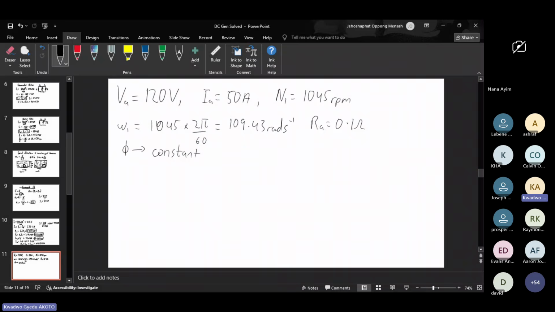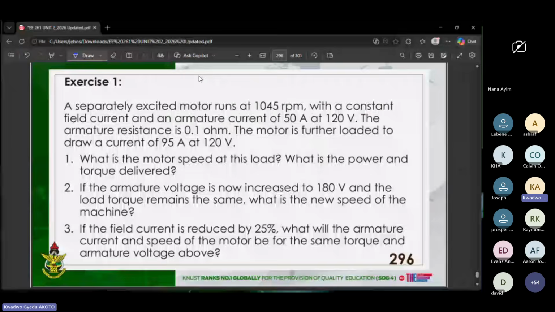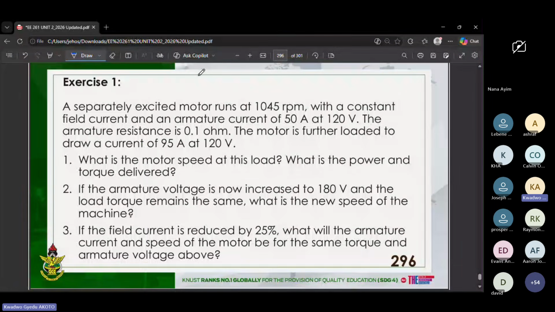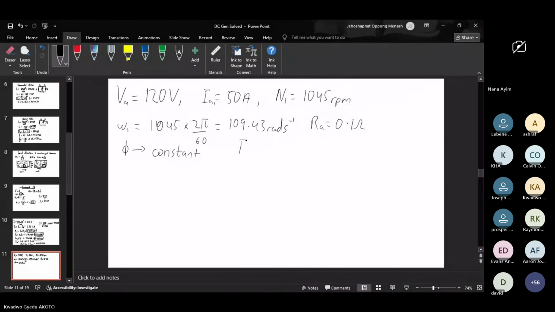Let's continue. The motor is further loaded to 95 amps at 120 volts. So there is also an IA2 of 95 amps.